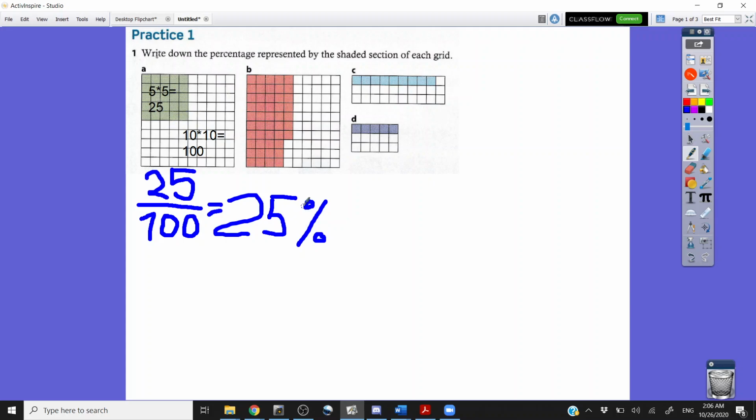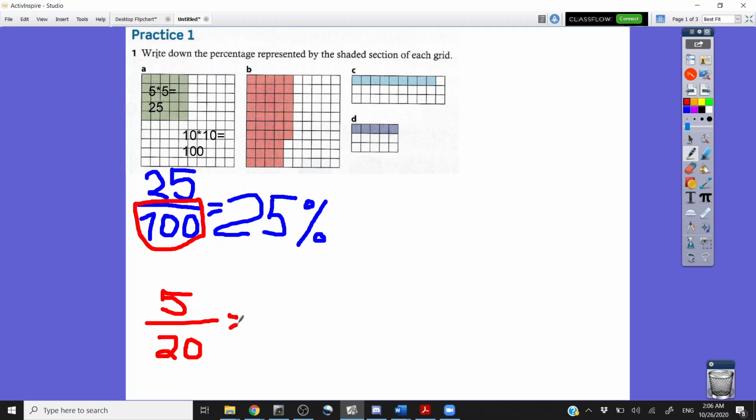You can see in some of these others, this is not going to be a divide by 100 to start, so you might have to scale it up. Let's say in one of these problems, and don't trust me, you won't get this for any of them, but let's say you got 5 out of 20. Percentages are about dividing by 100. So all we need to do is scale this thing up to be divided by 100.